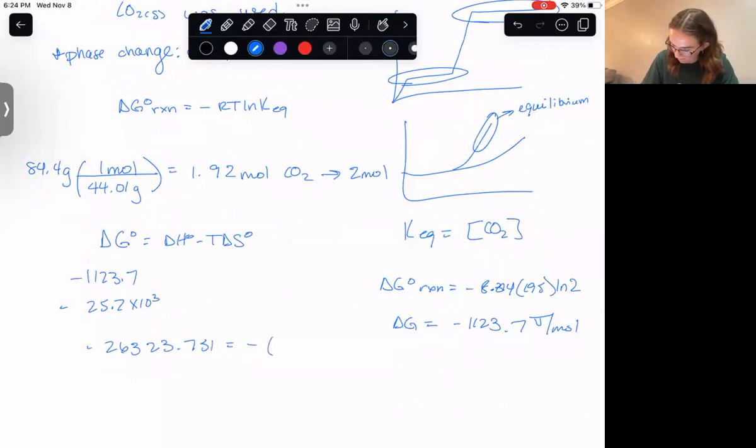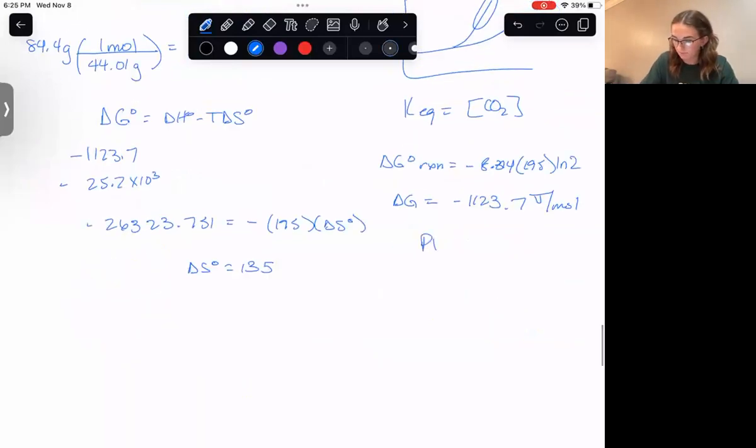Negative, what did I say, 195 times S. Okay, so I'm getting closer. So if you solve for this using concentration, you get a lower value.